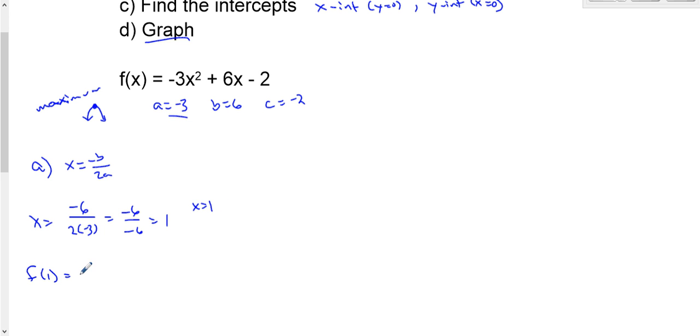I get negative 3 times 1 squared plus 6 times 1 minus 2. 1 squared is 1, and negative 3 times 1 is negative 3, plus 6 times 1 is 6, minus 2, which is 1. So y equals 1. So our vertex is (1, 1).